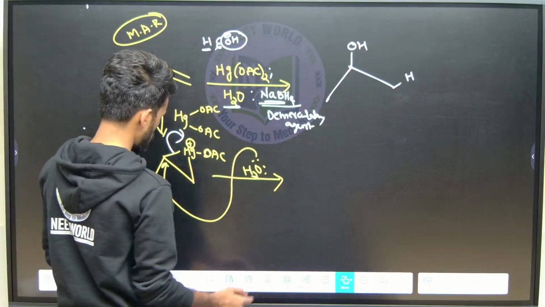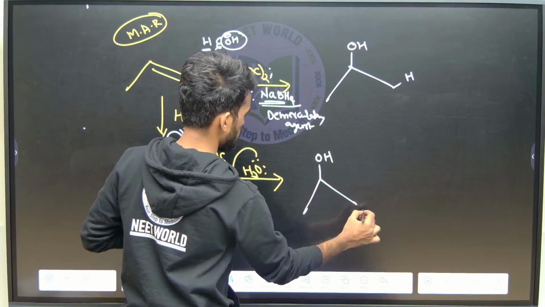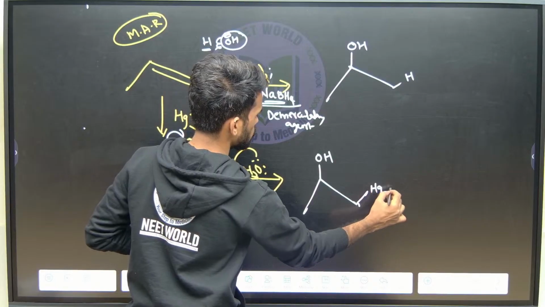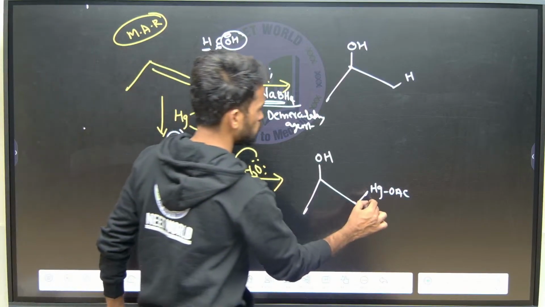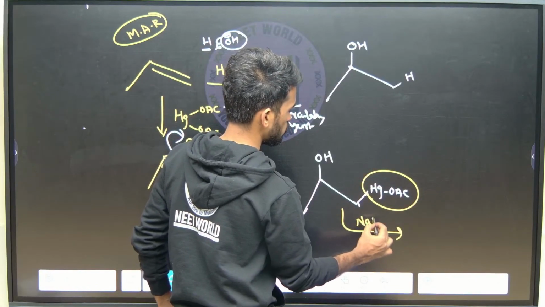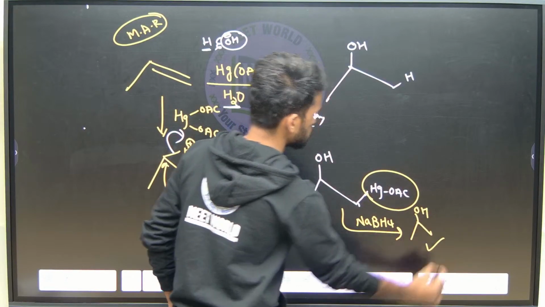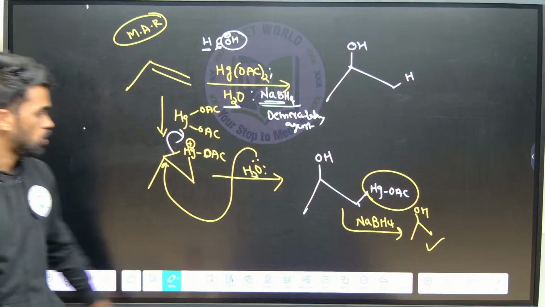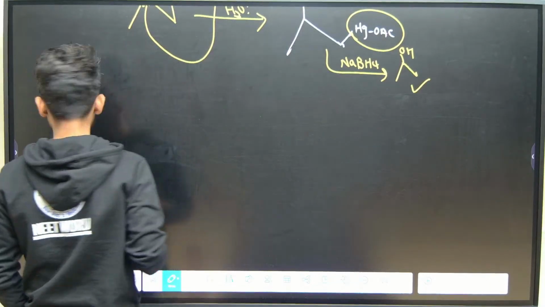That gives us OH, and on this side HgOAc. Like this it will be formed, and after this we need to remove this HgOAc. For that I am using NaBH4. This NaBH4 is a demercurating agent and gives us this product. Okay, that's it. Just tell me here.